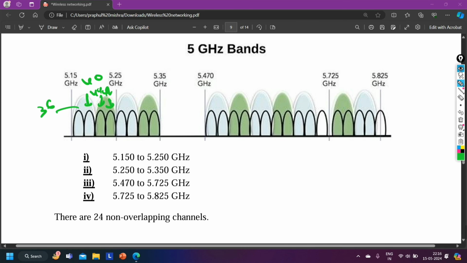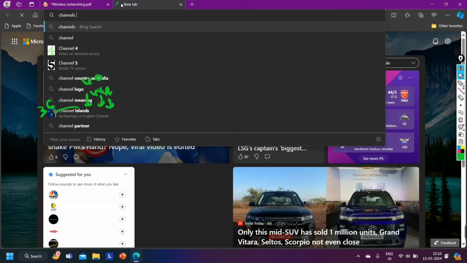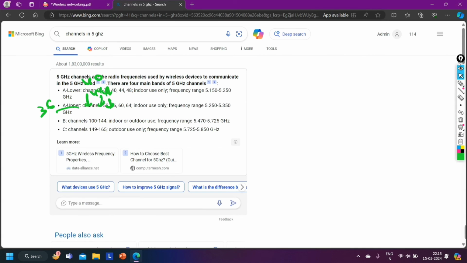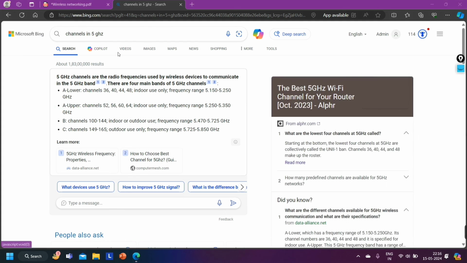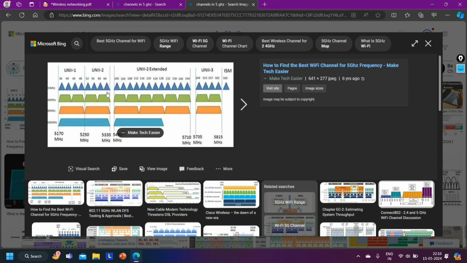Or let me do one thing, let me Google it here in front of you. Look at this diagram. Let me open this one.